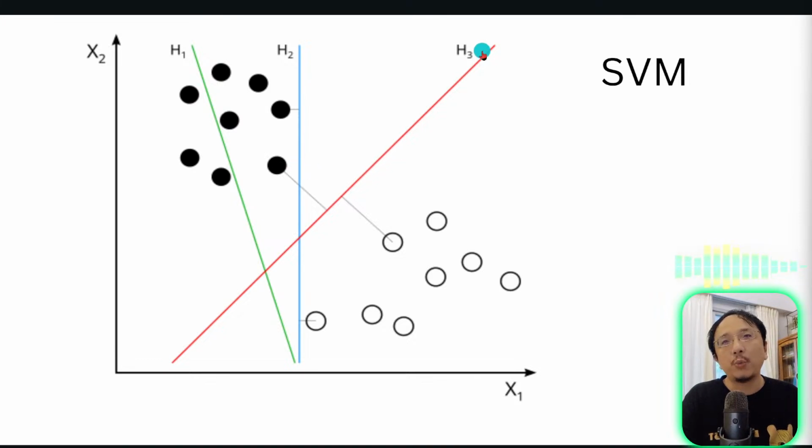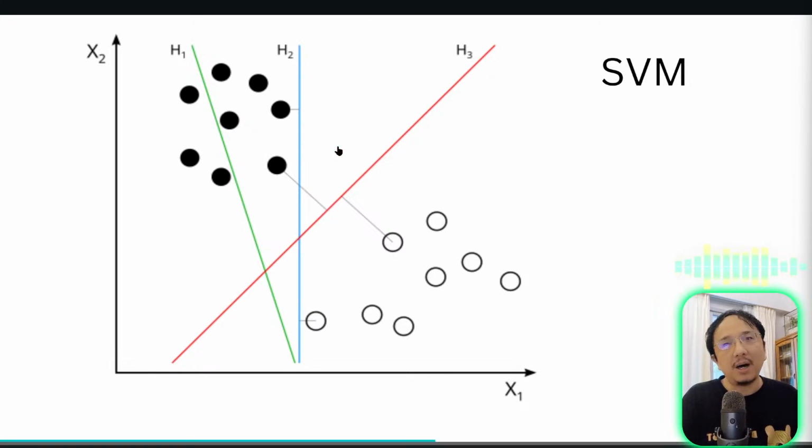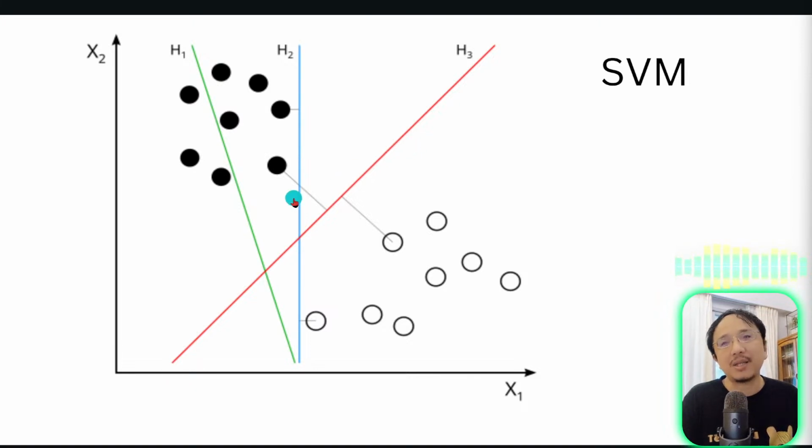So how do we find a line so that this straight line is the best straight line that separates these two different classes?